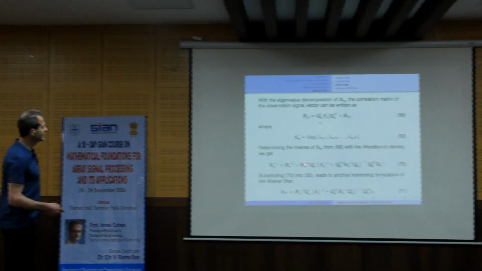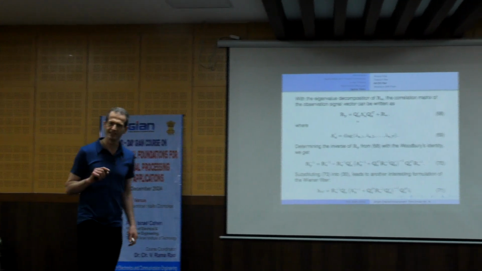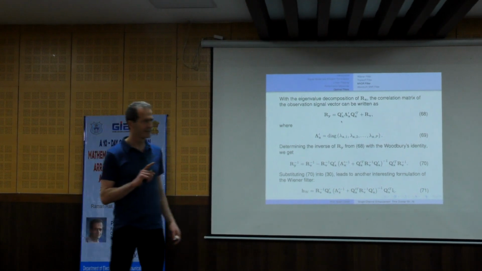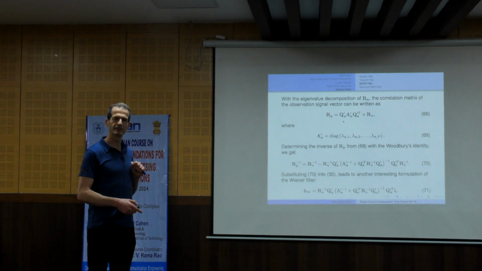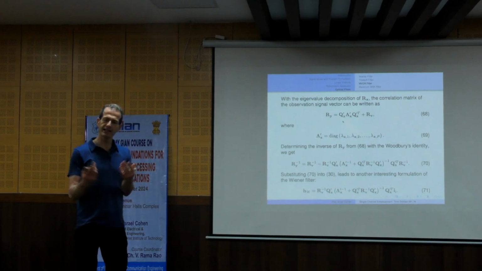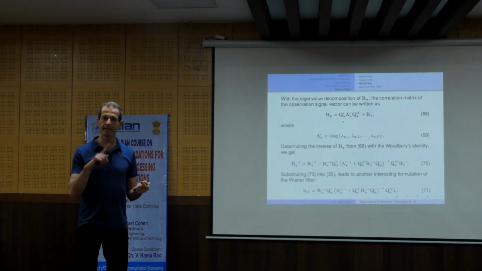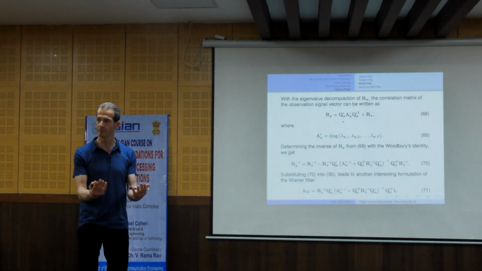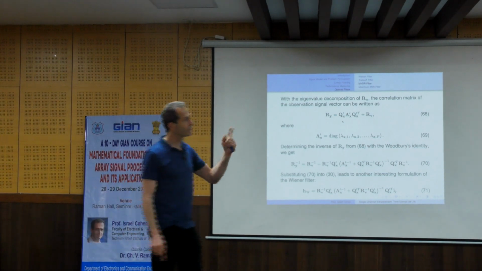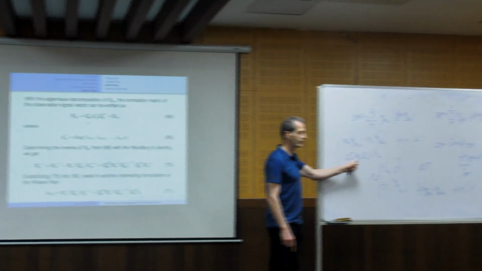Here we see a very nice observation. We saw the expression for the MVDR filter, and it's very nice to see how the MVDR and the trade-off filters can be expressed when we represent the signal using the eigenvectors of Rx.